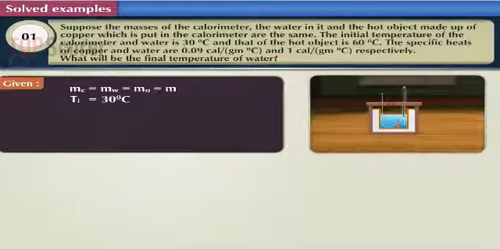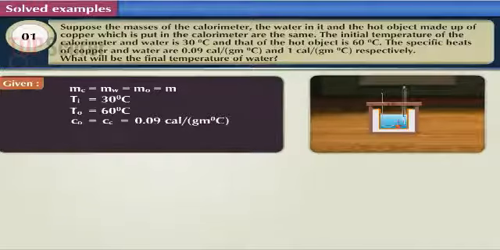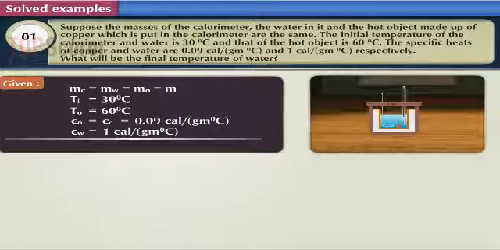Initial temperature of copper object, that is To, is equal to 60 degrees Celsius. Specific heat of copper, that is Co, is equal to Cc is equal to 0.09 calorie per gram degree Celsius. Specific heat of water, that is Cw, is equal to 1 calorie per gram degree Celsius. We need to find out the final temperature of water, that is Tf.